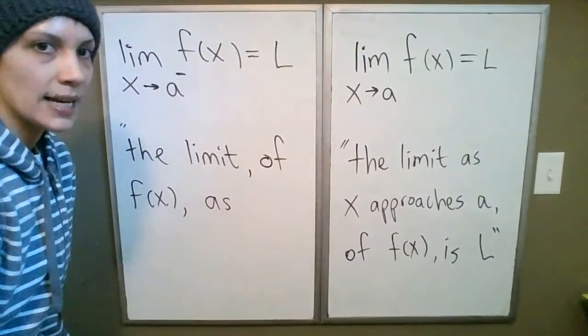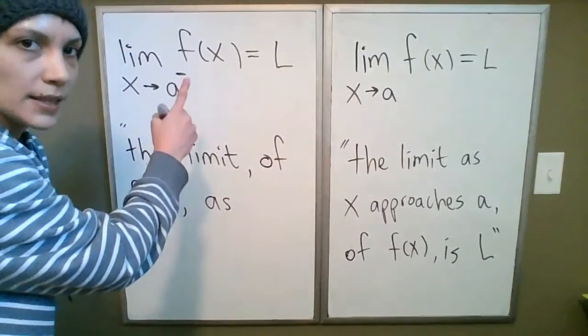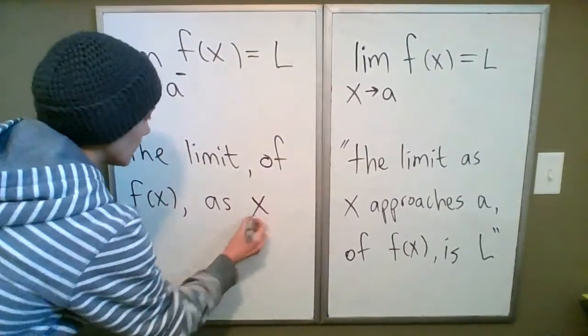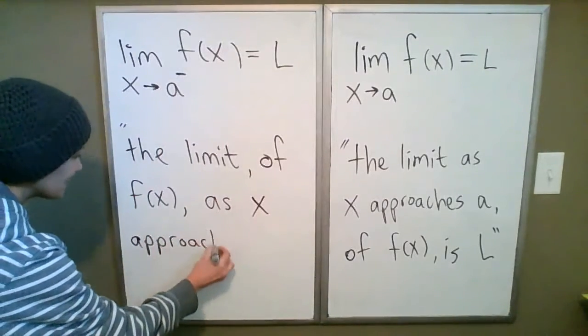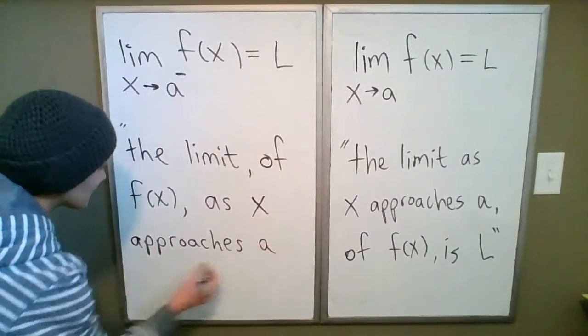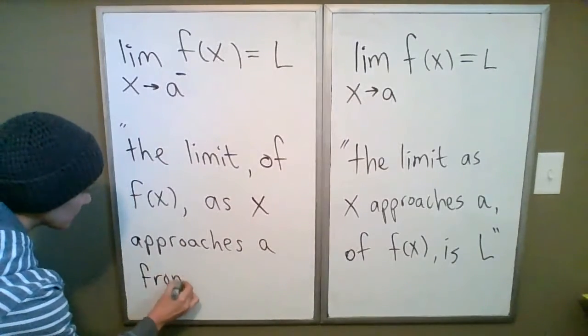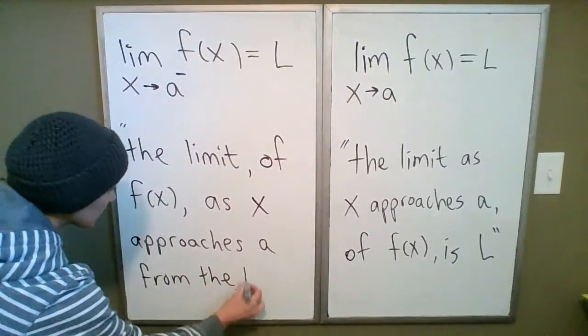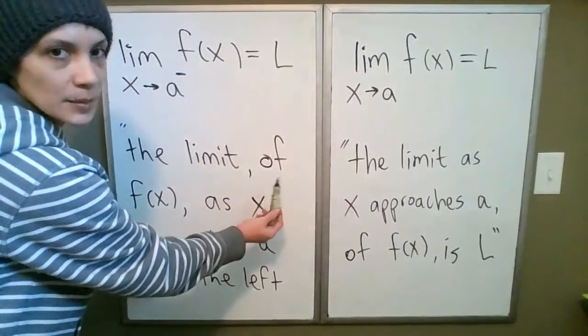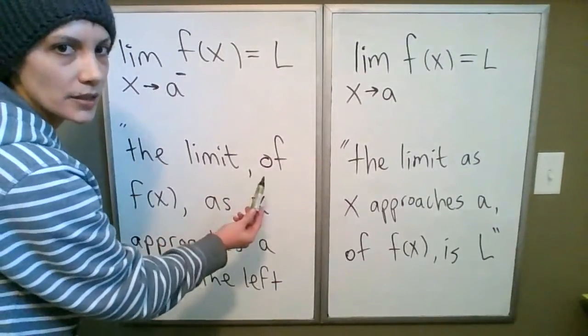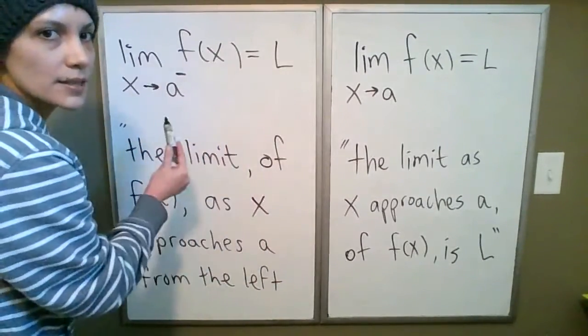And this is happening as x goes to some number a on the left. This is the piece I left out. I forgot to talk about our function when we say all of this.